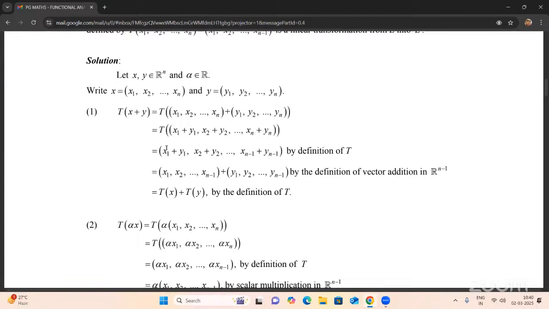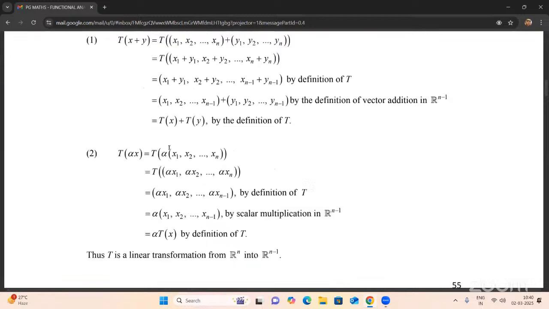Again, that can also be written as (x1, x2, and so on, xn minus 1) plus (y1, y2, and so on, yn minus 1) by the definition of vector addition in R power n minus 1. From the relation, this value is T of x and this value is T of y. So T of x plus y equals T of x plus T of y must be satisfied here by the definition of T.